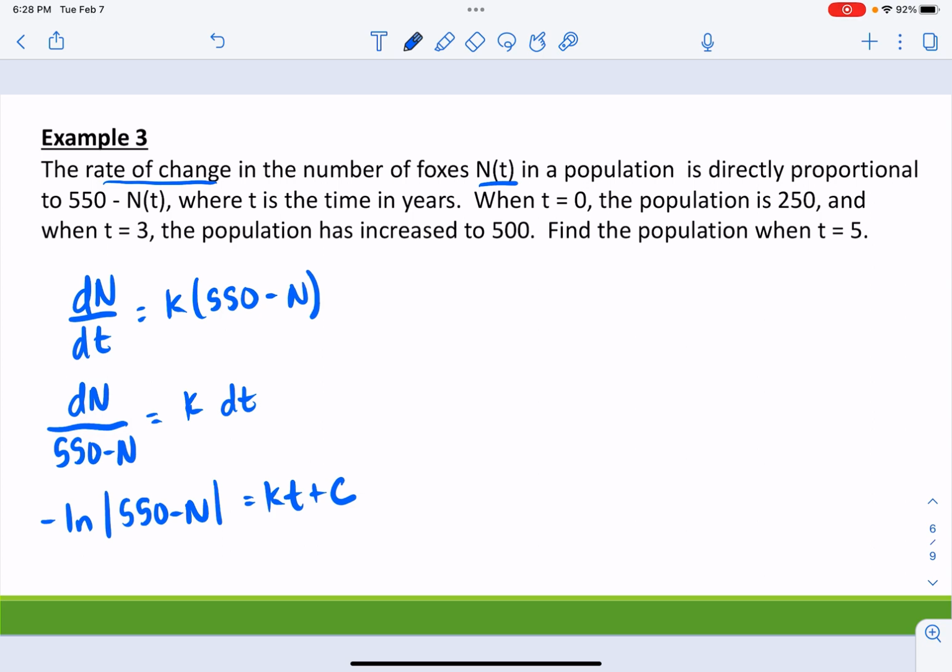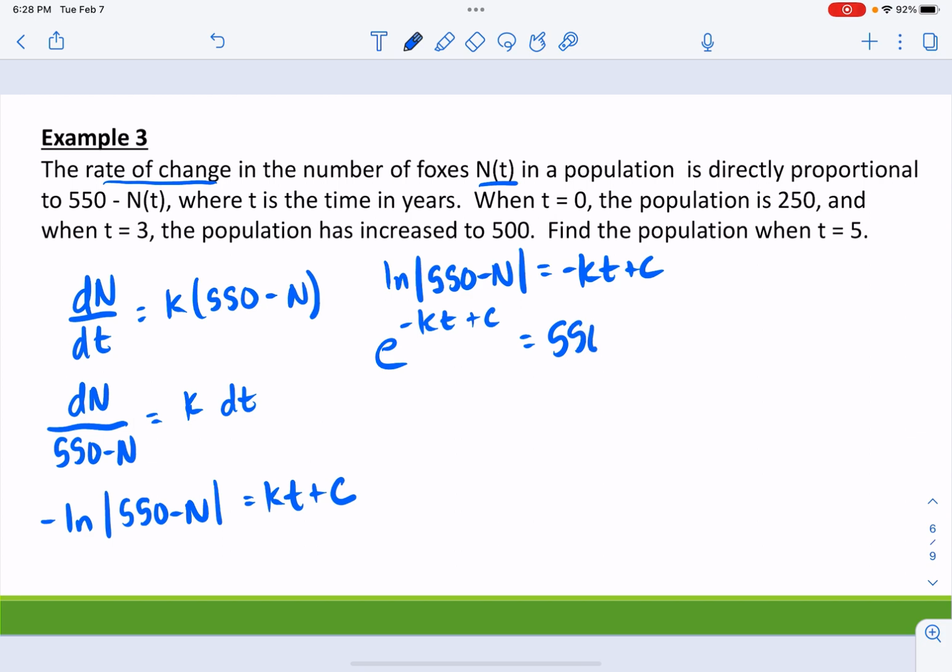Okay, I'm going to multiply by a negative 1. So I get e to the negative kt plus c is equal to 550 minus N. And I am going to basically flip the location of everything.